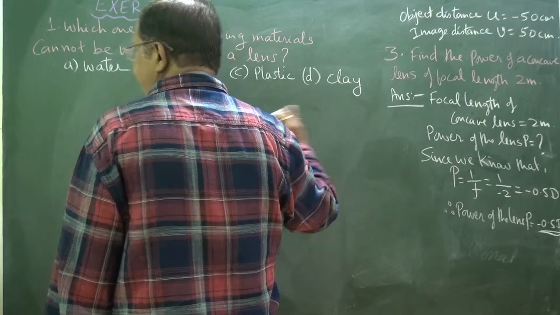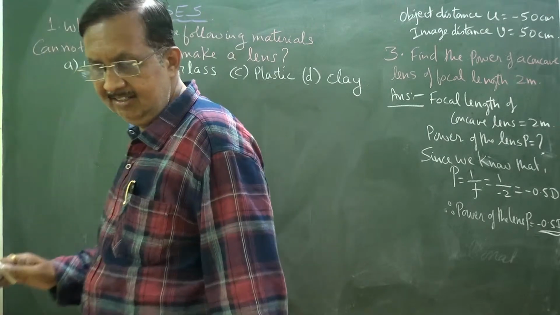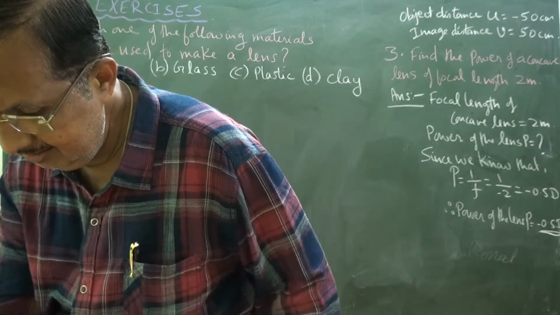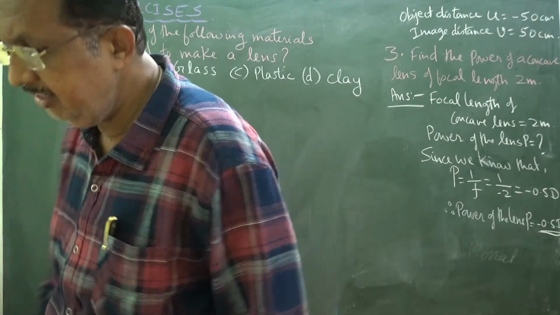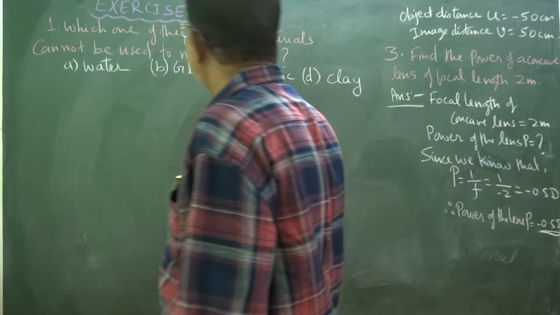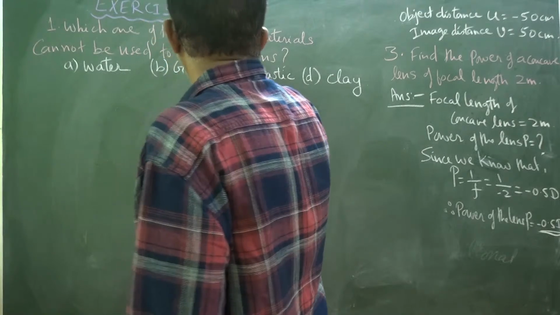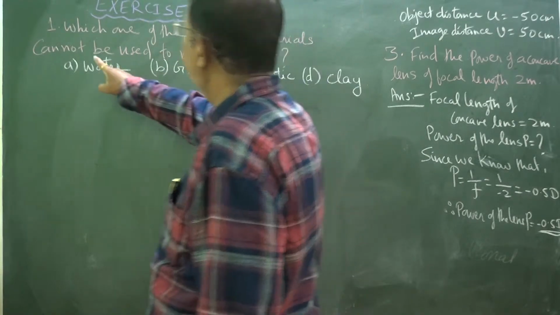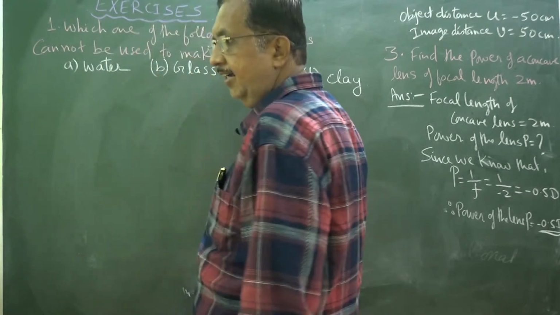So understand the question properly, children. What is it telling? Which one of the following materials cannot be used to make a lens?